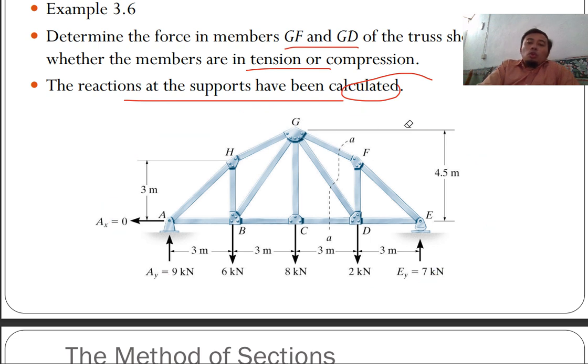So we want to know GF and GD. So we cut at A, most logical and practical to cut at A. So your unknowns will be GF, GD and CD.